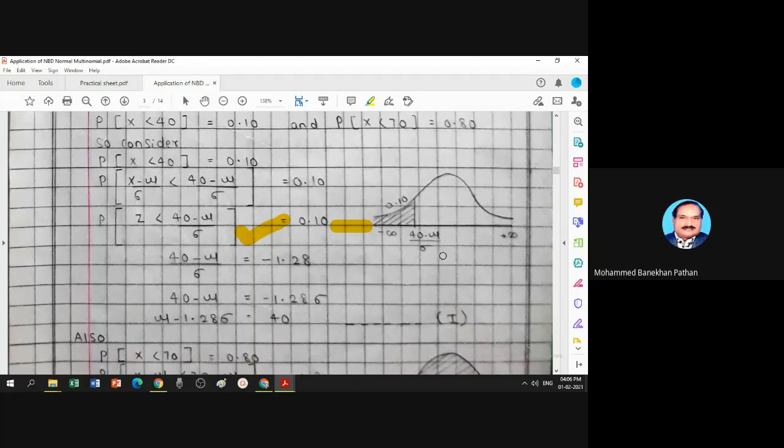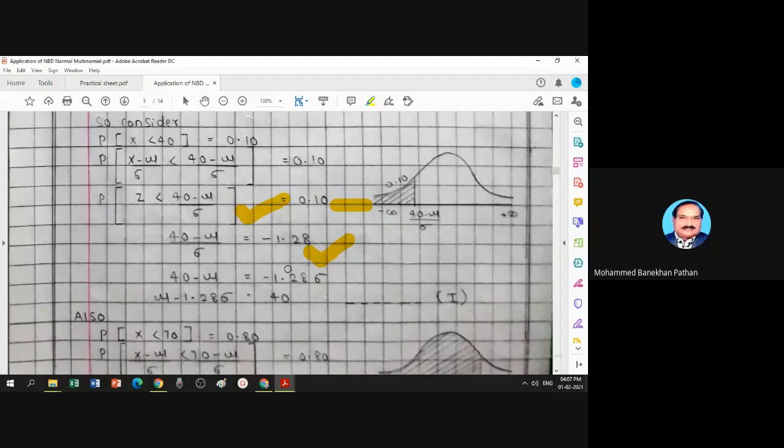That's why this number is minus. So 40 minus mu by sigma equals minus 1.28. This number is from where? It is from the statistical book. When our practical begins offline, at that time I will explain how to look up the normal table with the help of the statistical table. At this stage, just remember this is from the book.